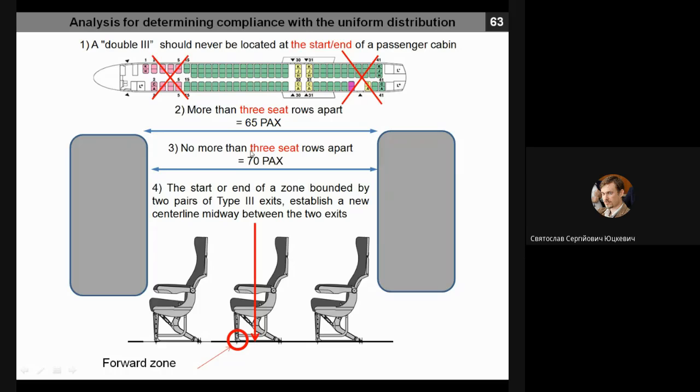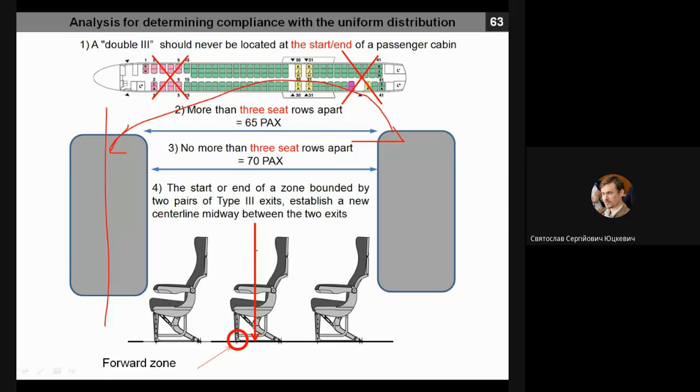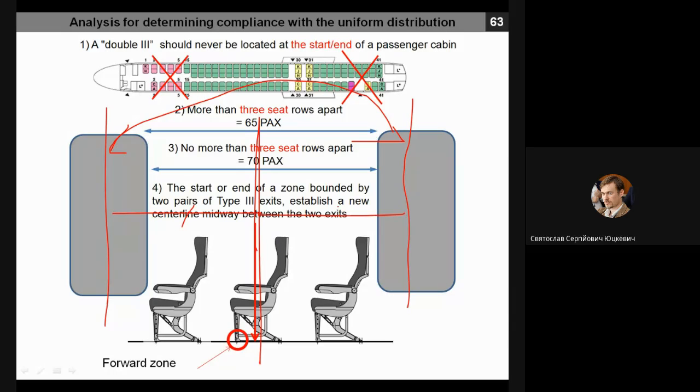And how will we divide this zone? Where is the boundary of the zone? It must be the center line of the exit, but if we talk about a double type 3 door, it will be the mid center line between these doors. How will we calculate these passenger seats?